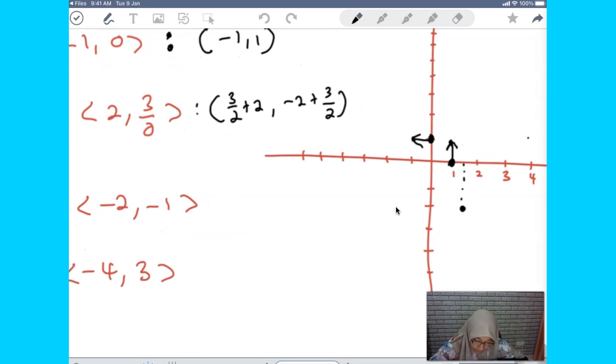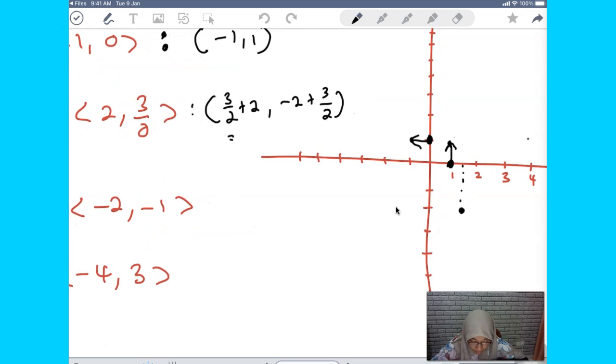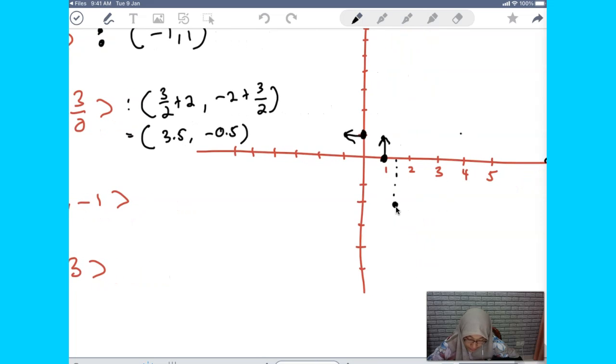And this will give you the point now becomes 3.5, and then this one becomes negative 0.5, right? So 3.5, negative 0.5. So 3.5, this one. So that is your direction.